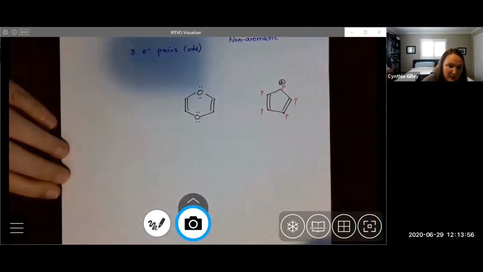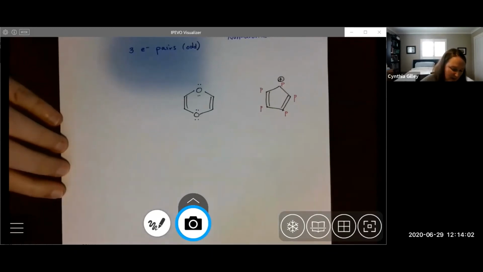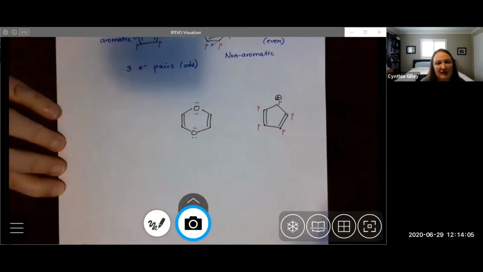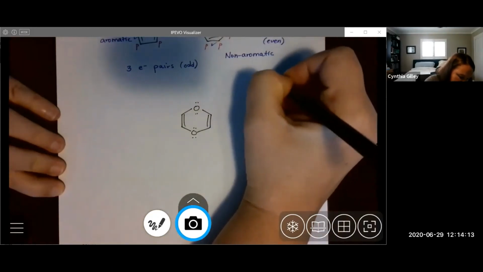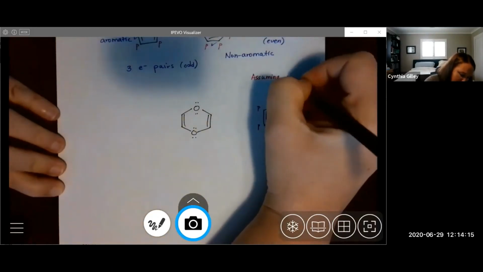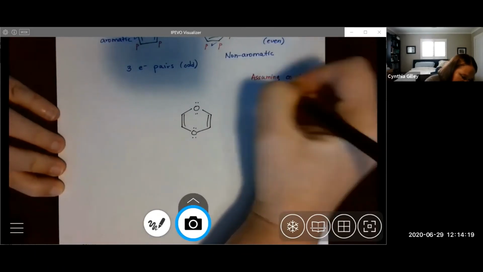Now, I like to insert some wording to be really clear. So on my problems, instead of just saying classify this as aromatic, anti-aromatic, or non-aromatic, I will include some words like "assuming coplanarity of adjacent p orbitals."